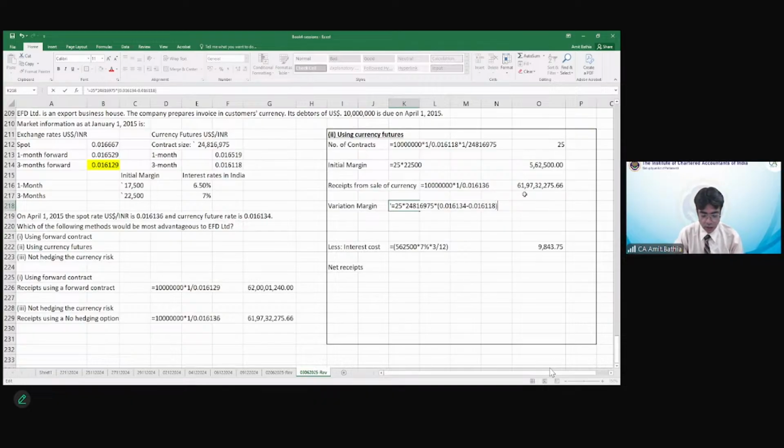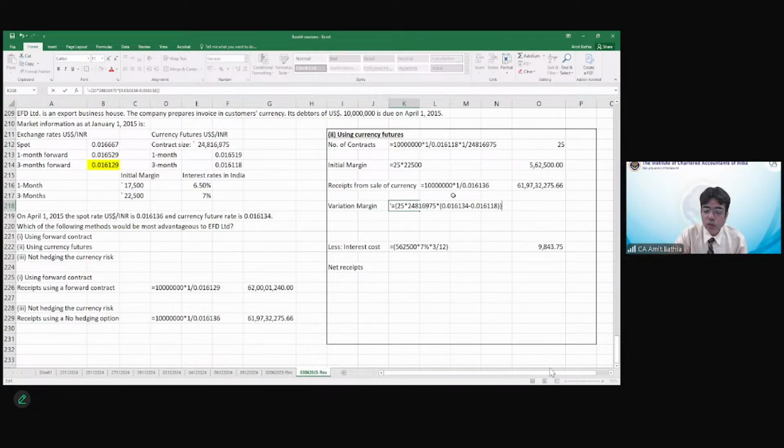This is the difference which is there, right? The variation margin. Now remember, this value is going to be in terms of the entire variation margin per se, and I am going to receive this entire value. Just 1 minute. So this is the variation margin, right?